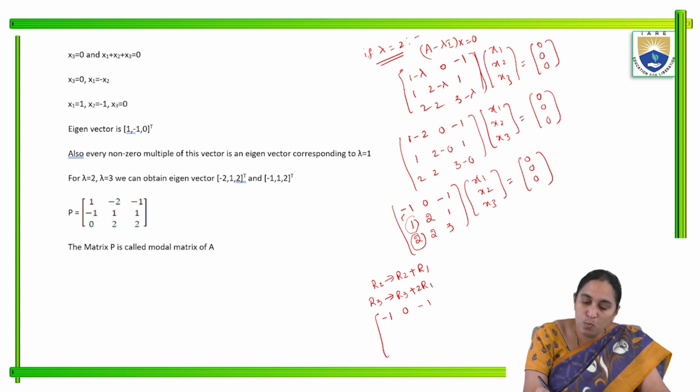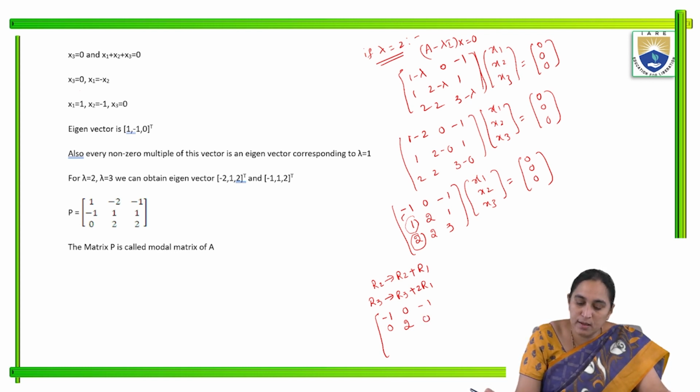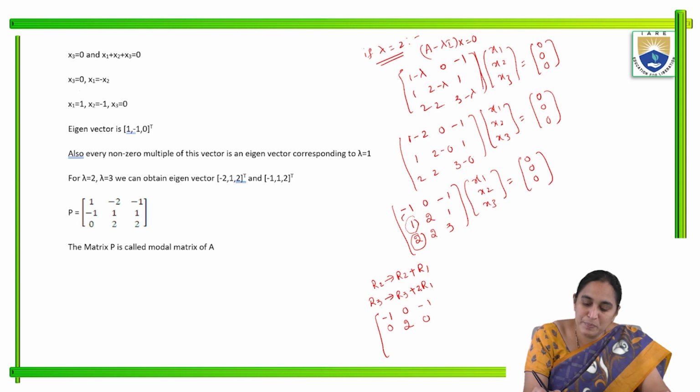For that, this is minus 1, 0, minus 1. And next 1 with respect to R1, I'll make R2 as 0. That is 1 minus 1, 0. Next 2 minus 0, 2. And 1 minus 1 as 0. Similarly, what about R3? 2 plus minus 2 into 1, 2 minus 2, 0. Next 2 plus 0 into 0, that is 2.